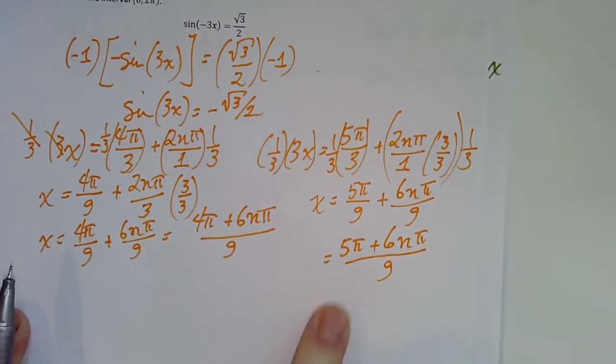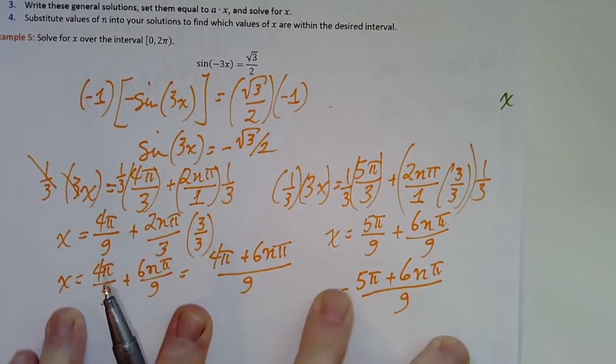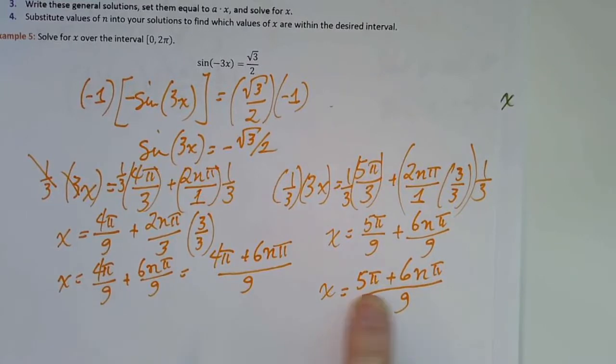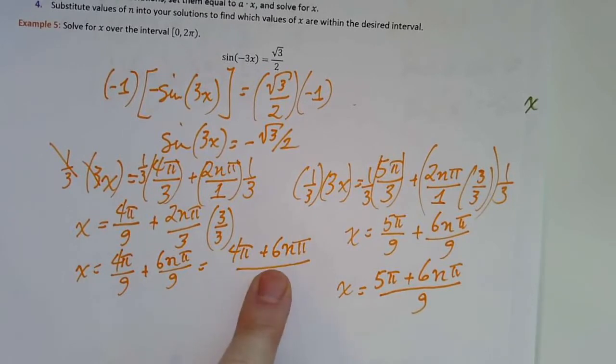Now, we've got two really nice solutions. x is equal to 5 pi plus 6 times n times pi over 9, and x is equal to 4 pi plus 6 times n times pi over 9.